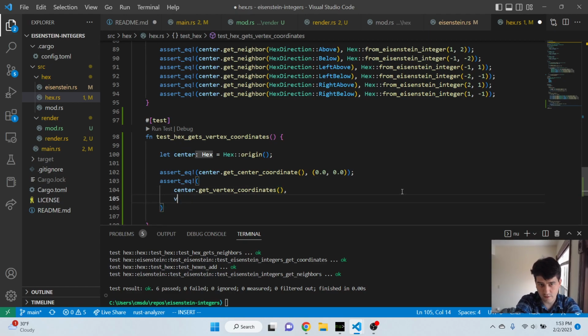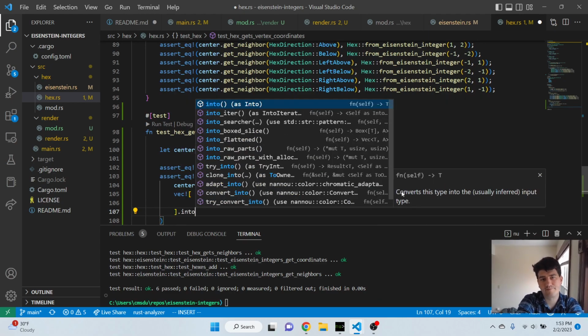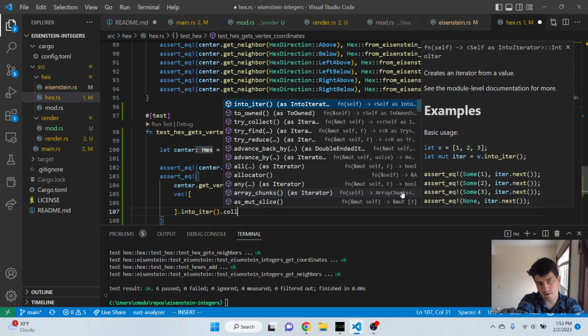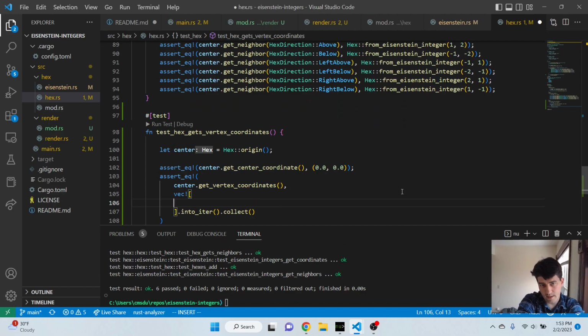This should be some vector into iter collect, and what's it going to be?